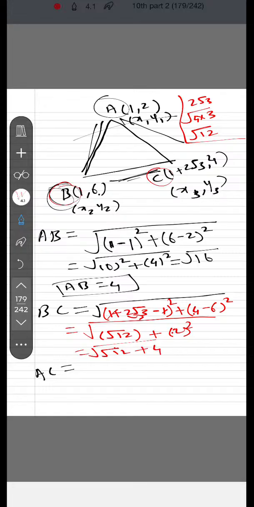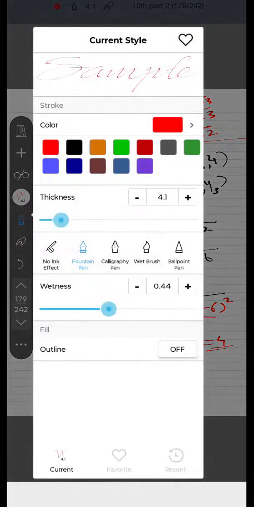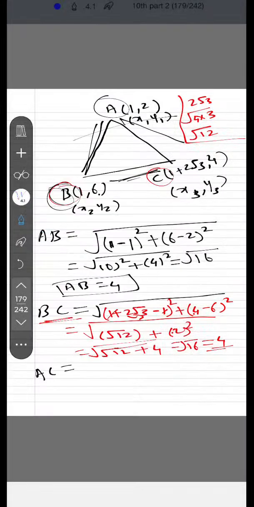All these terms are in the square root. Therefore 12 plus 4 is equal to 16, and BC is also equal to 4. Now let's talk about AC, point A and point C. Again the same thing we are going to check.